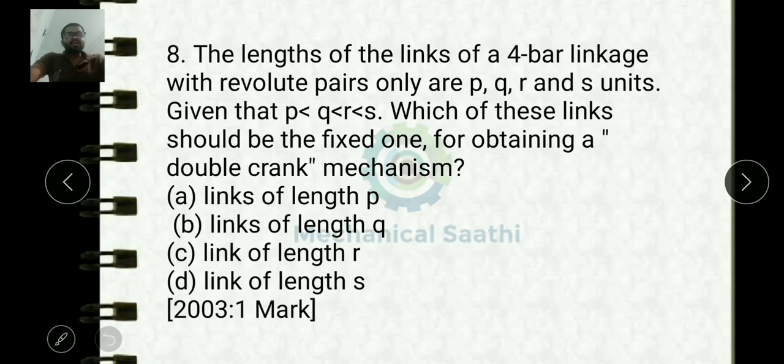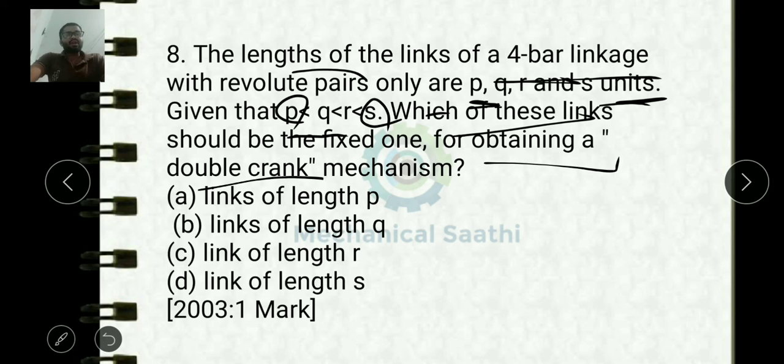So here it is telling that the lengths of the links of a 4 bar linkage with revolute pairs are given: P, Q, R, S are the lengths. Given that P is less than Q, less than R, less than S, you can say P is the smallest one and S is the longest one. Which of these links should be fixed for obtaining a double crank mechanism?